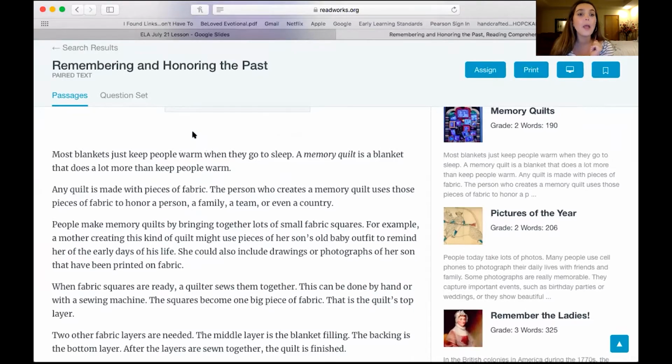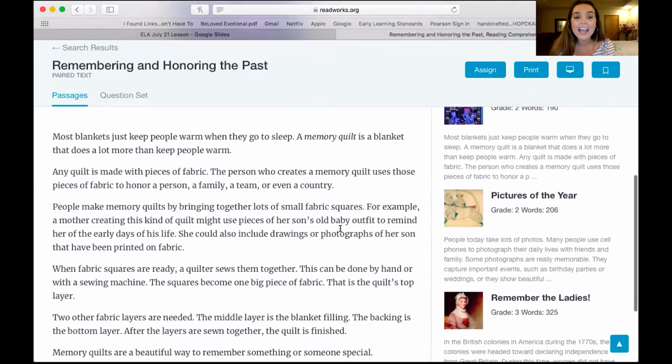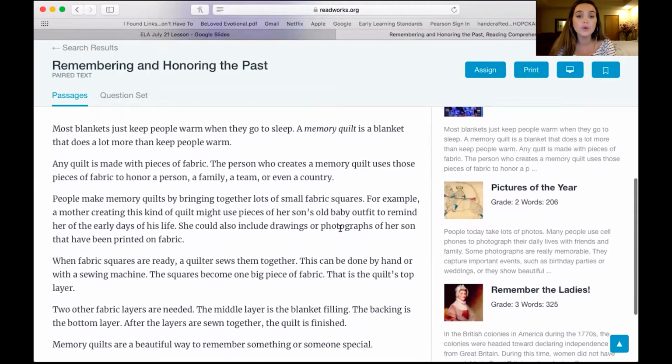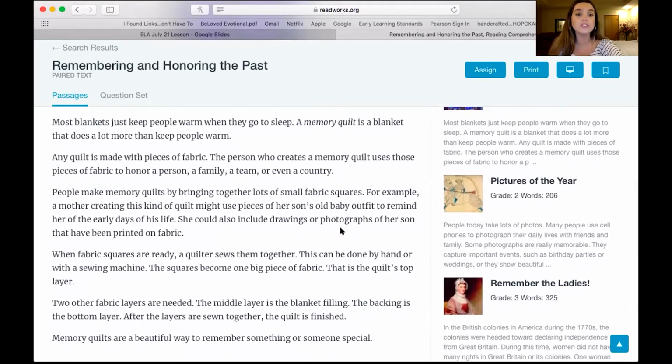Most blankets just keep people warm when they go to sleep. A memory quilt is a blanket that does a lot more than keep people warm. Any quilt is made with pieces of fabric. The person who creates a memory quilt uses those pieces of fabric to honor a person, a family, a team, or even a country.